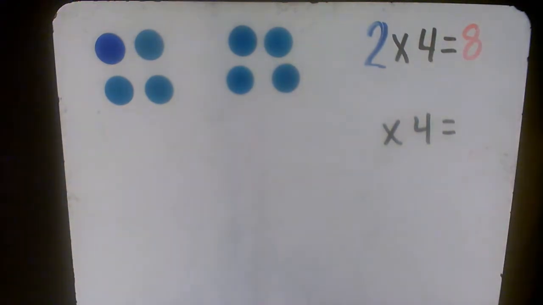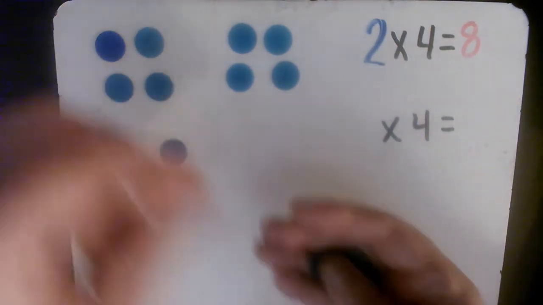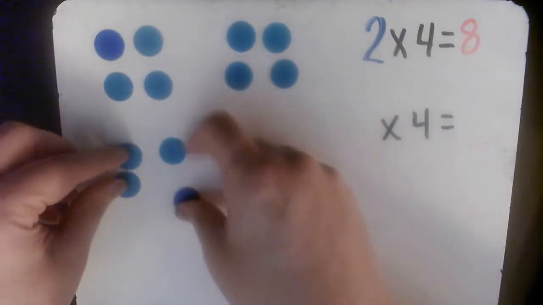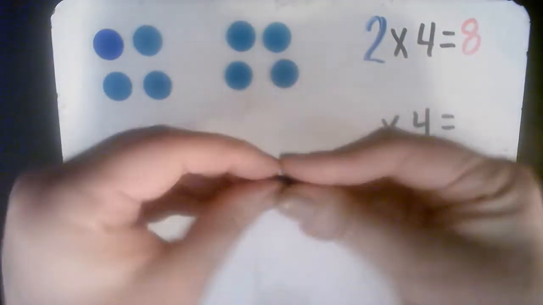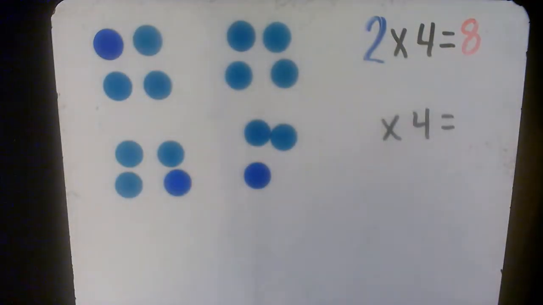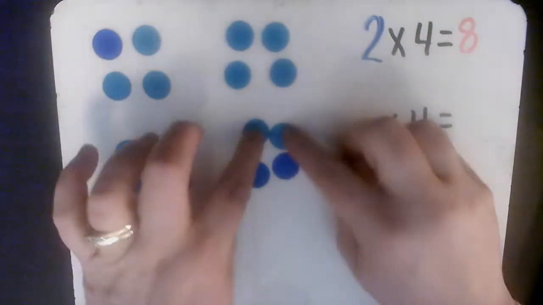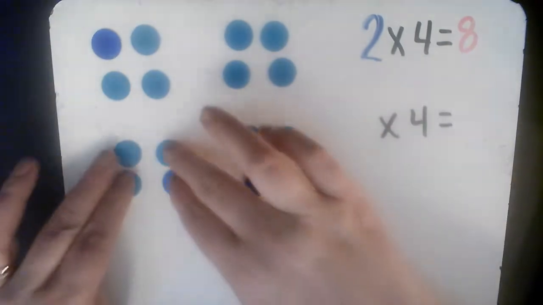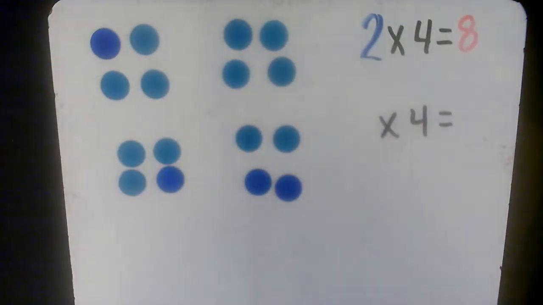Let's take a look at what happens when we add some more to make 4 groups of 4 instead of 2 groups of 4. Okay, so now instead of our 2 groups, we have 4 groups of 4.